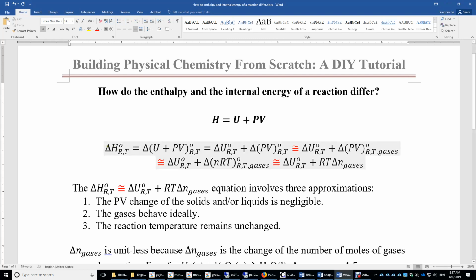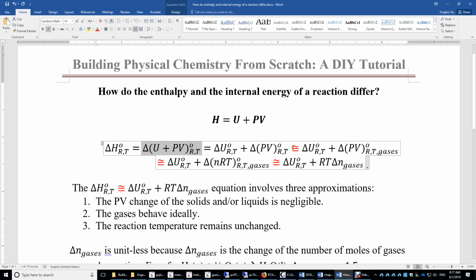And here you have the standard enthalpy of the reaction at temperature T. It equals this because of the definition of H. And we separate the two terms to get the standard internal energy of the reaction plus the change of the product of PV of the reaction.